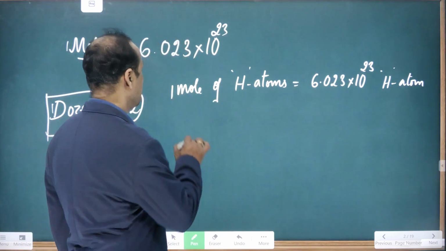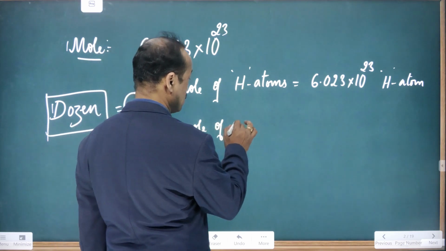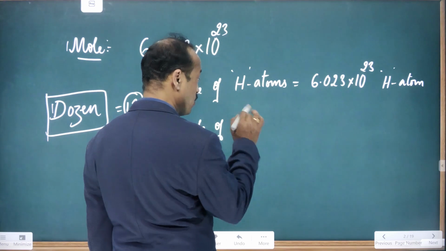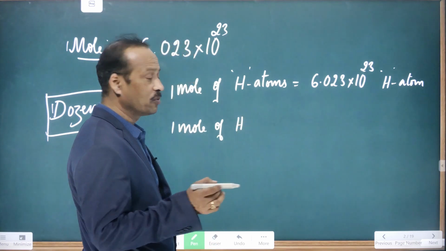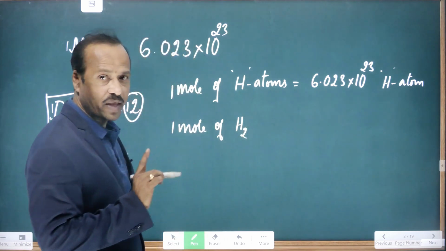For example, 1 mole of hydrogen molecules. How do you represent hydrogen molecules? In the form of H2.